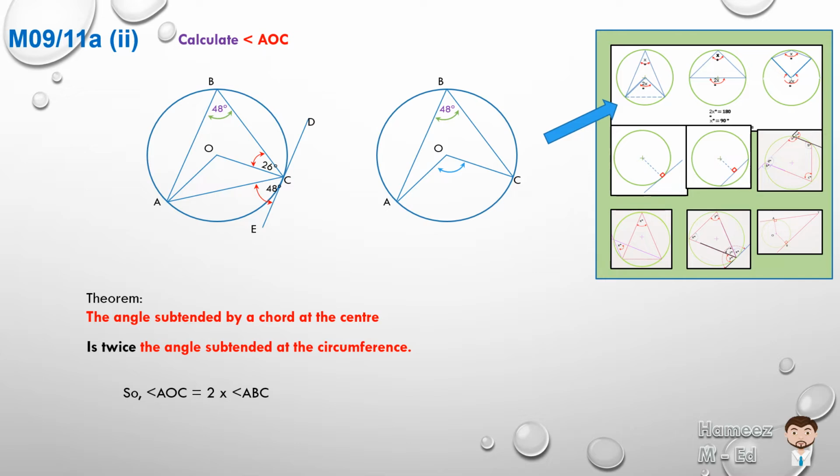Remember, if we look at creating the angle AOC, it started from A and C and went and met at O. Similarly, angle ABC started at A and C, the same 2 points, and went up and met at B. Thus, angle AOC is equal to 2 times 48 degrees, which is equal to 96 degrees.